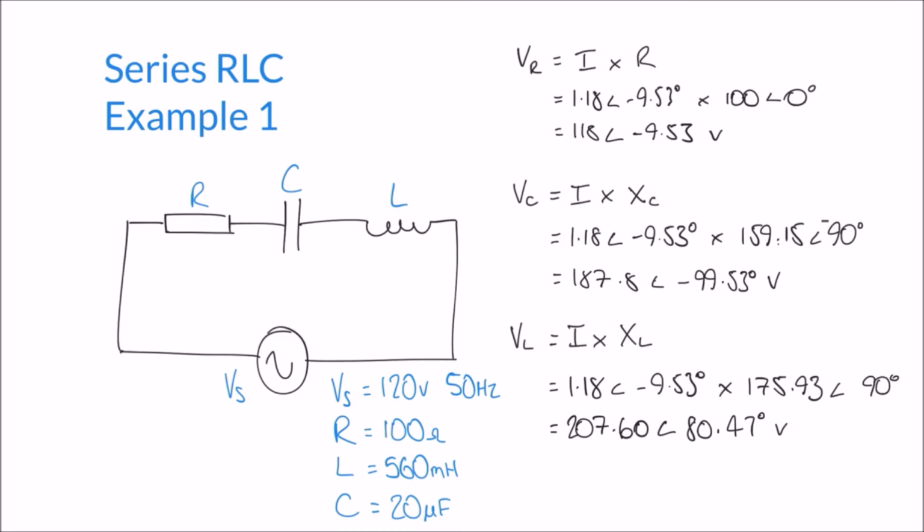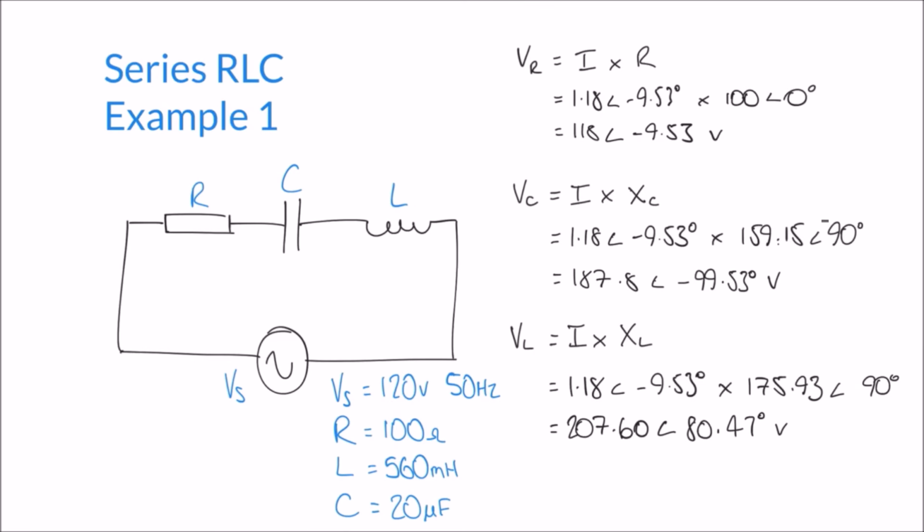So what we can see here is that we end up with three separate voltages across the three separate components. One thing you might notice is the size of these voltages actually comes to a total far greater than our original supply voltage. And there's a reason for that.